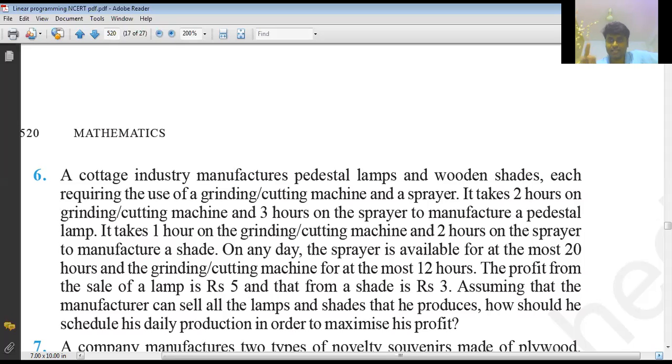Then on every pedestal lamp, how much profit? 5, so 5 into X, plus wooden shade 3 rupees, 3 into Y. Therefore, our objective function is Z = 5x + 3y. Hope you have understood.